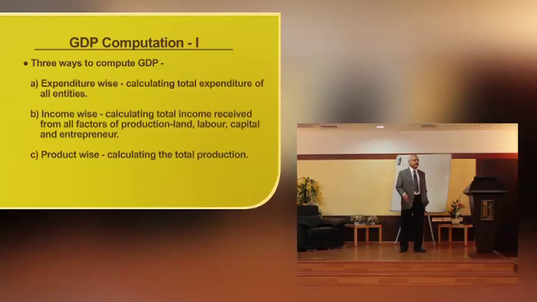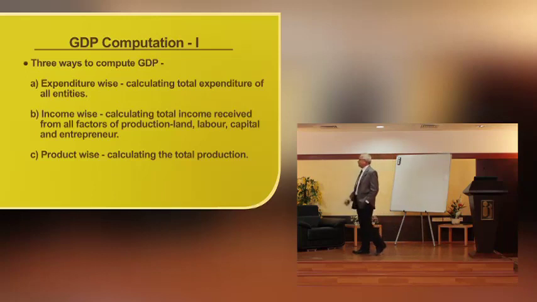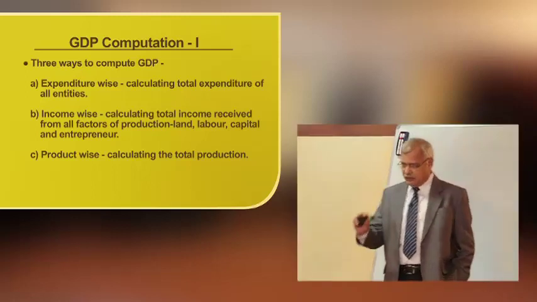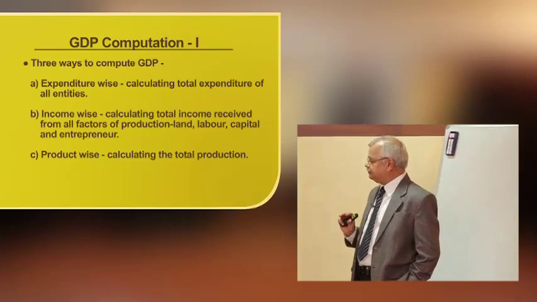There are various ways of computing the GDP, and one way is to compute from the expenditure point of view, that is calculating total expenditure of all entities which are operating in the economy. That is one factor.